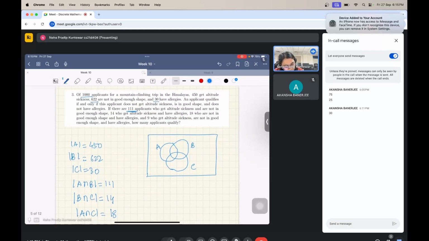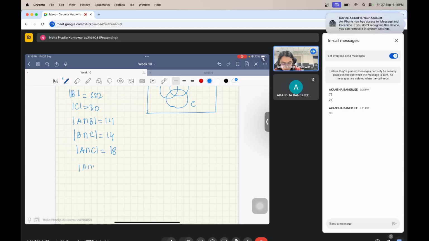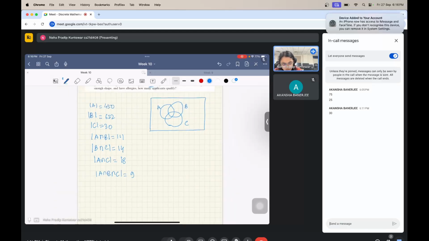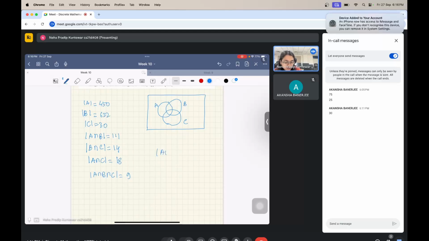And additionally, you know that 9 of them lie in the intersection area, so A intersection B intersection C turns out to be 9. What you are asked to find is the complement of A union B union C, because A union B union C would be the set of people who have any of the three problems.